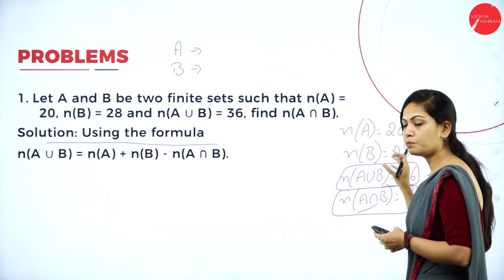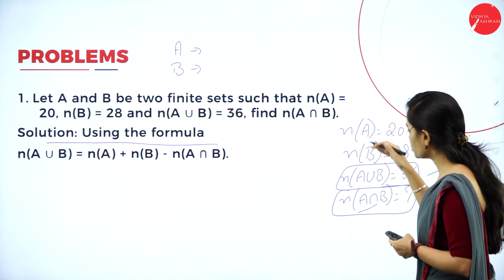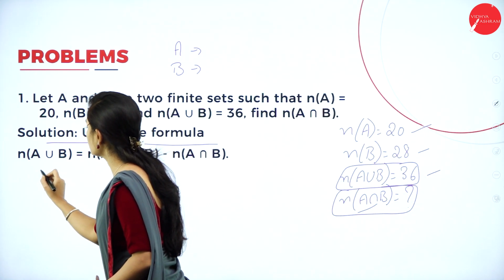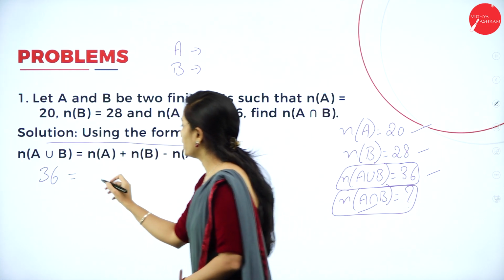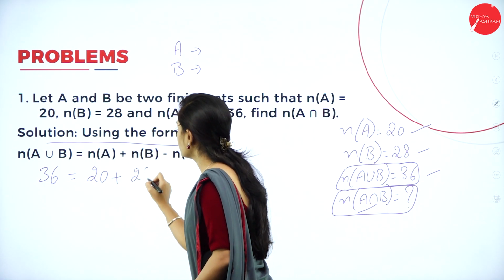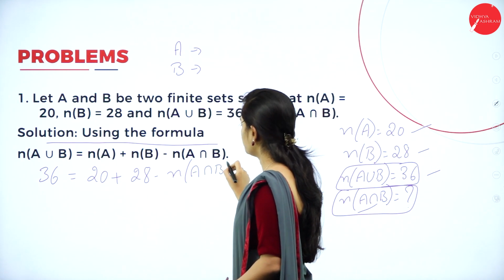First substitute the given values in your equation. So n of A union B, 36, is equal to n of A, 20, plus n of B, 28, minus n of A intersection B. You have to find out A intersection B.